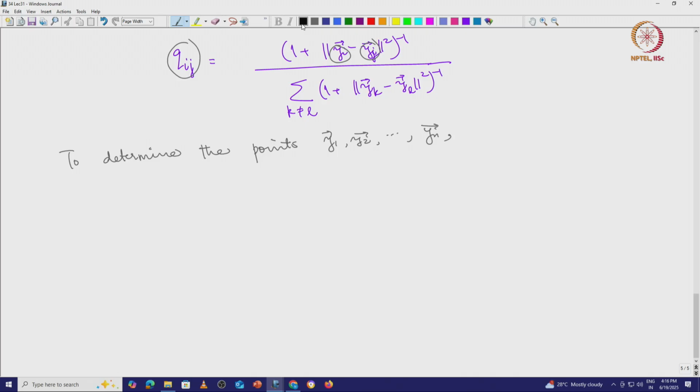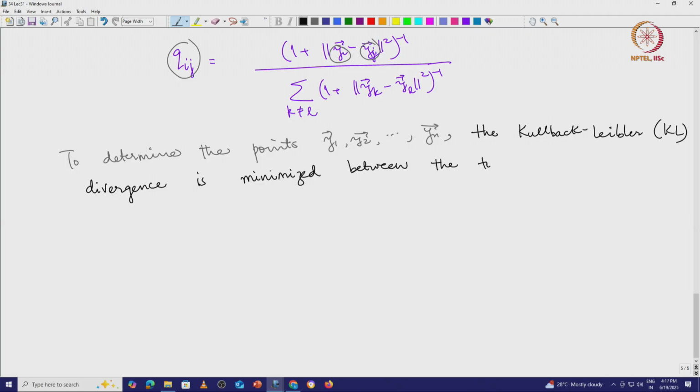So to determine these points, the Kullback-Leibler KL divergence is minimized between the two distributions.